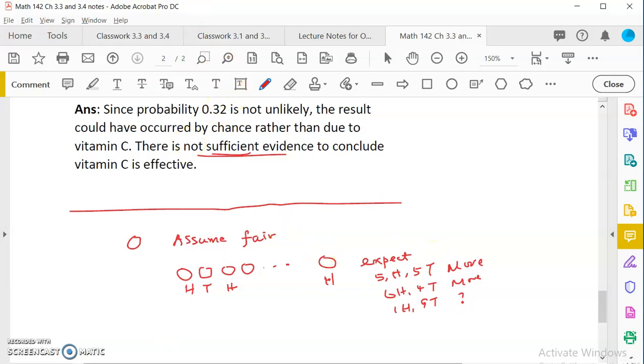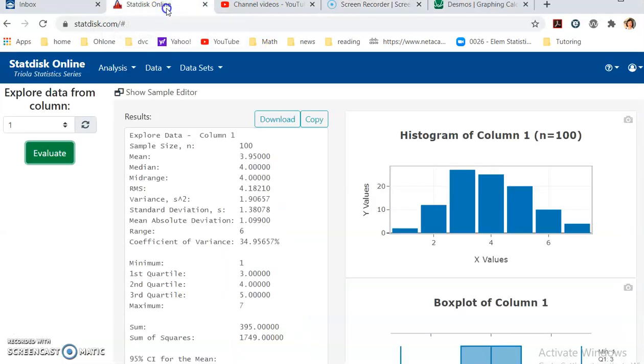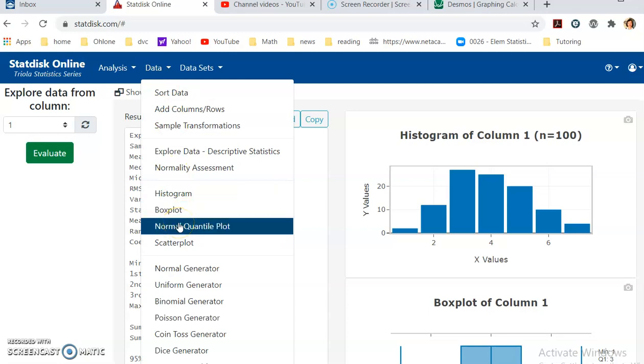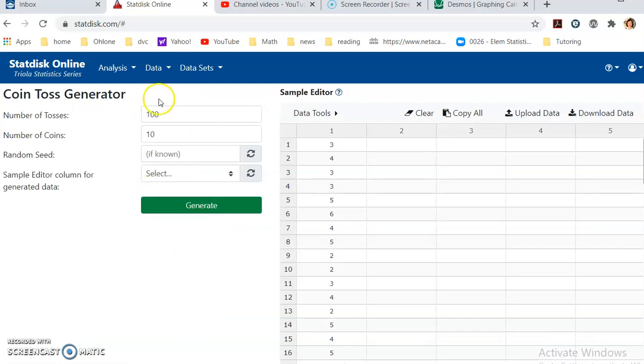So one thing that we can look at is something called simulation. So in Stata, if you click on data, you can do a coin toss generator. So this is assuming the coin is fair, and you toss 10 times.